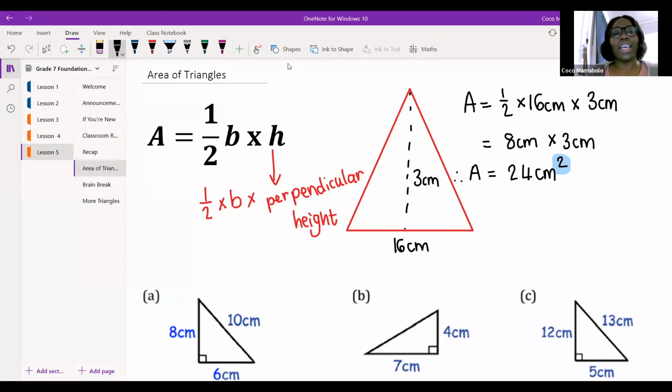Okay, all right. Thumbs up in the chat, thumbs down. How are we feeling about answering questions on the area of a triangle? Awesome. Guys, if it's thumbs down and you need me to explain again, let me know. Keisha, I'm seeing a thumbs down.